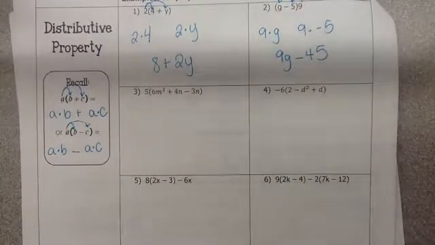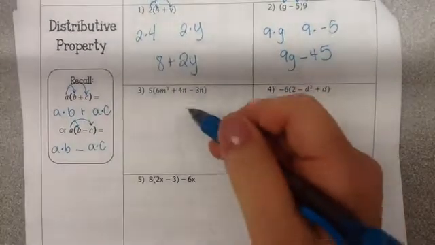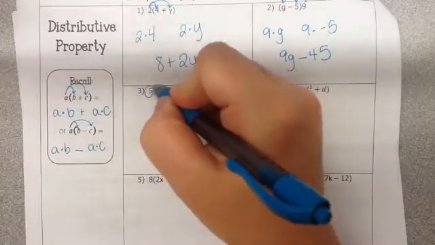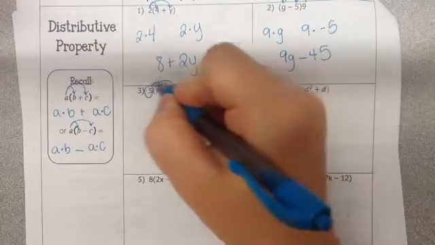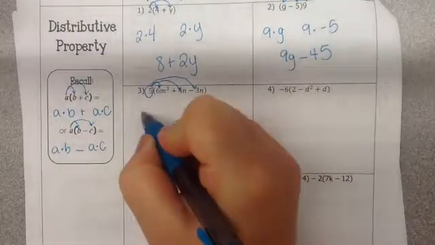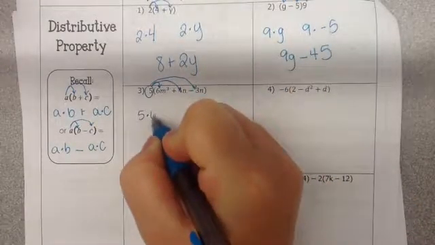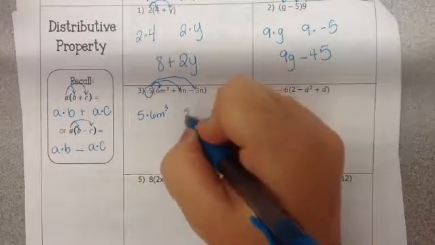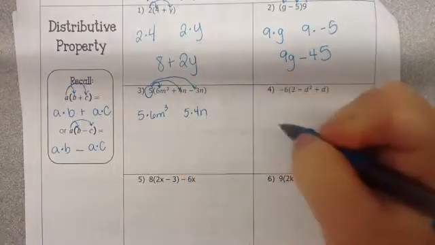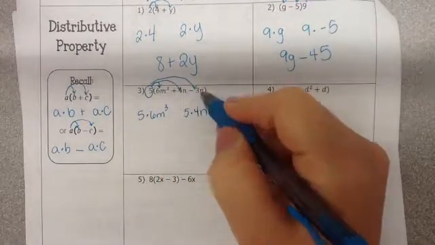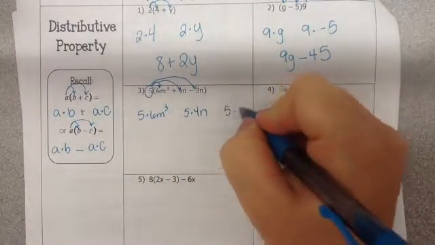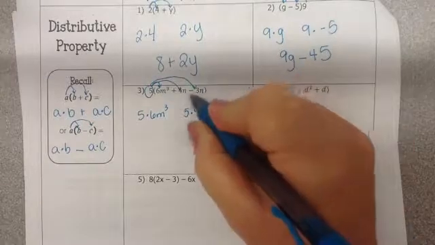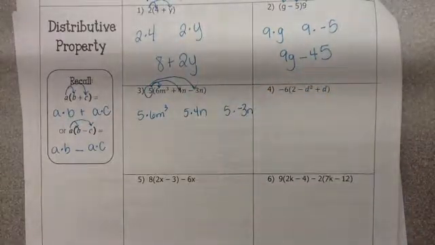For number 3, there are 3 distributes that we have to do. I'm going to distribute 5 to all 3 pieces. So 5 times 6m cubed, 5 times 4n, and lastly, 5 times negative 3n. A minus 3n is the same as a negative 3n.